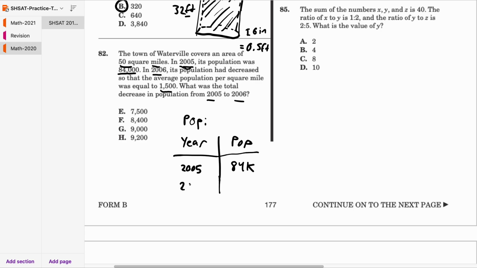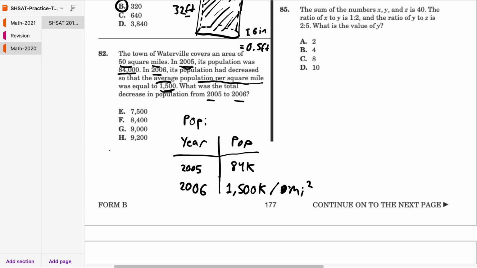And then in 2006, we're not explicitly told the population, and we're just being told that the population per square mile is 1,500. So we can't just say that the population is 1.5K, right? Because it's 1.5K per square mile.